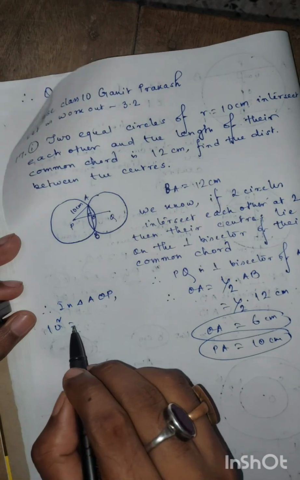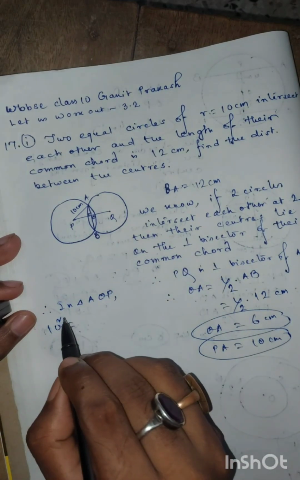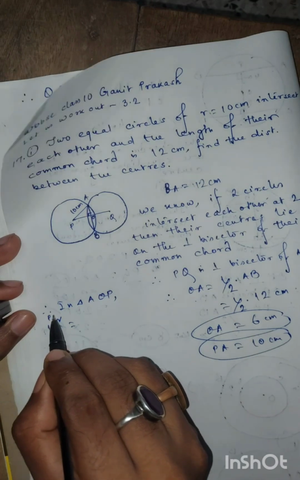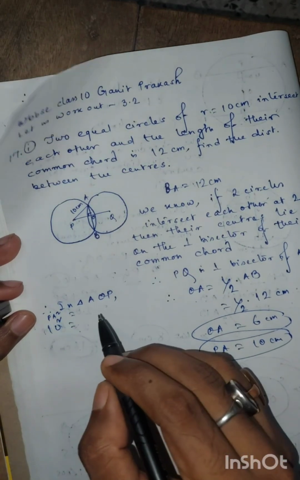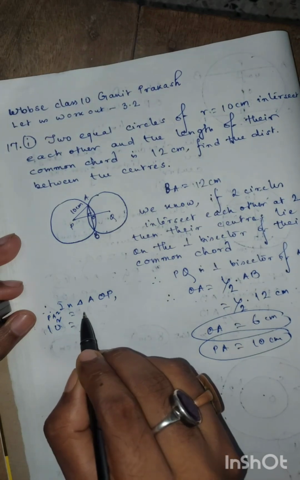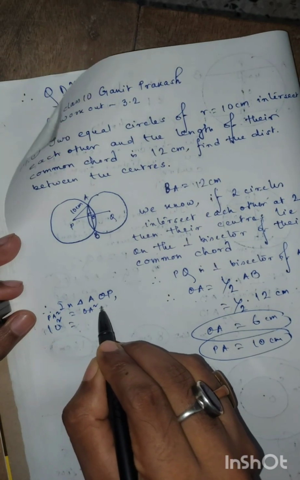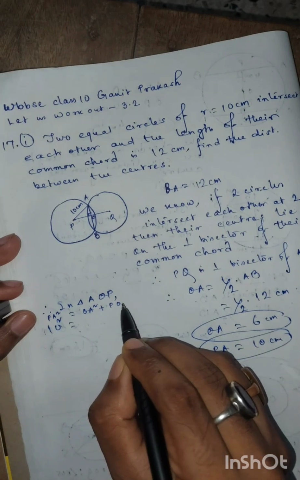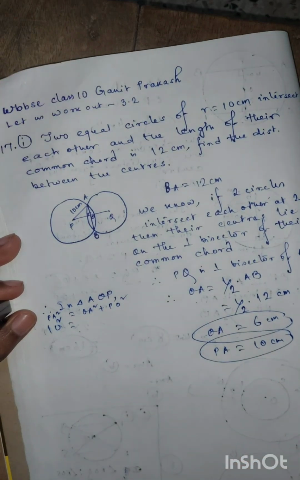That means PA square is equal to OA square plus PO square.